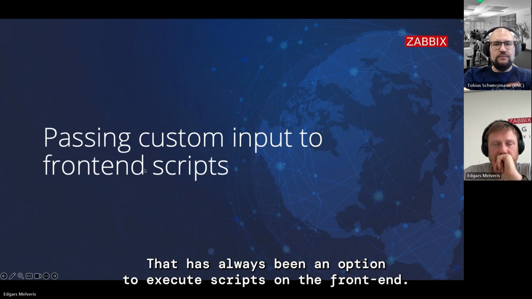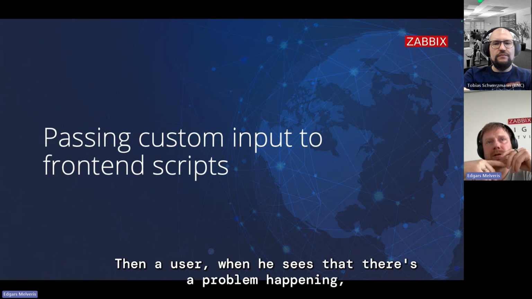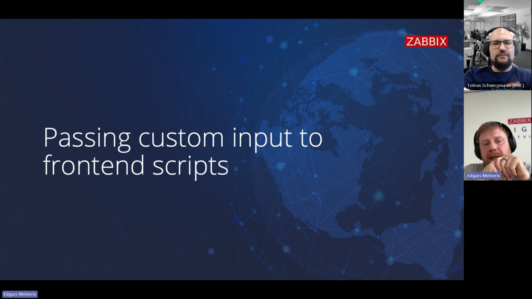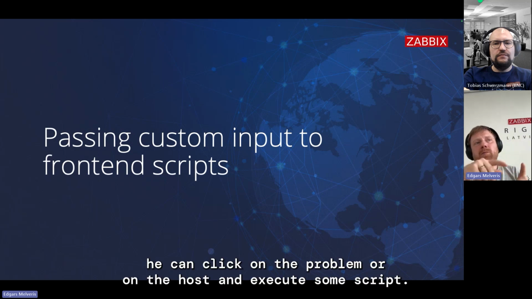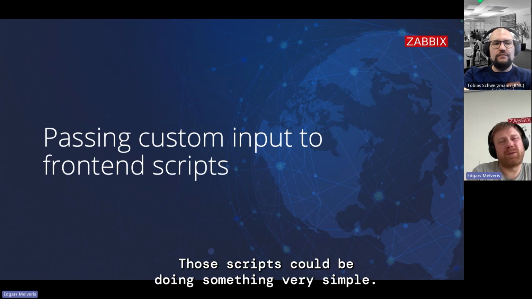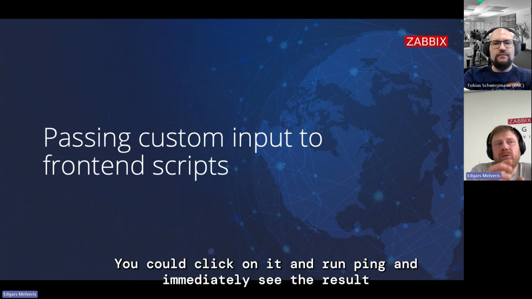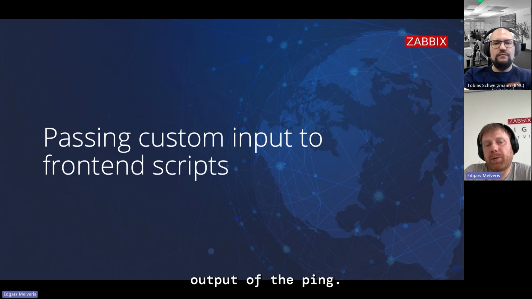Next, there has always existed an option to execute scripts from the front end. The super administrator prepares such scripts, and then a user, when he sees that there's a problem happening, can click on the problem or on the host and execute some script. Those scripts could be doing something very simple, like, it appears that a host might be down, you could click on it and run ping and immediately see the output of the ping.